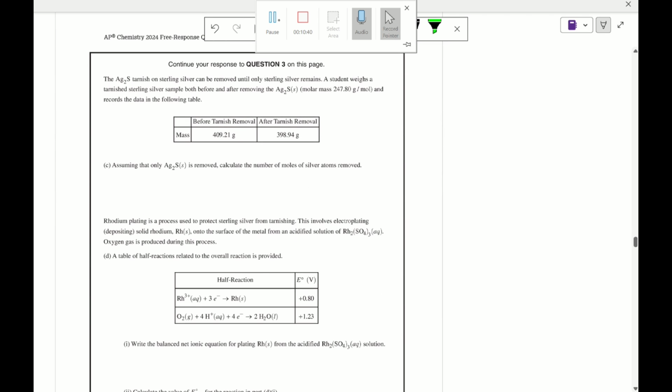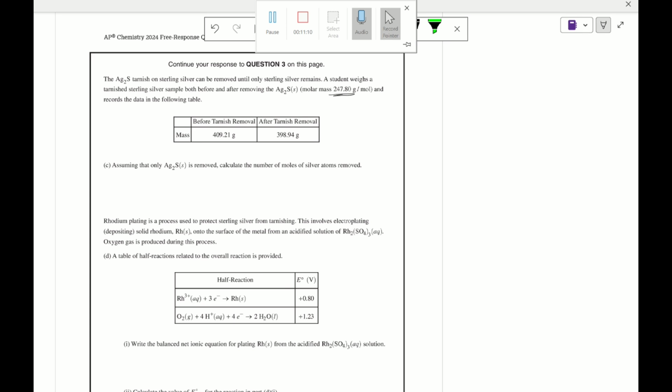For this question, they're just asking what's the moles of silver atoms removed. So first you find how much Ag2S was actually removed. The 409.21 minus 398.94 gives us 10.27 grams of Ag2S. So this is our molar mass, so we would have 10.27 divided by 247.8.